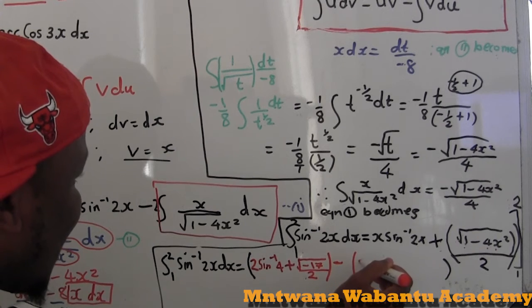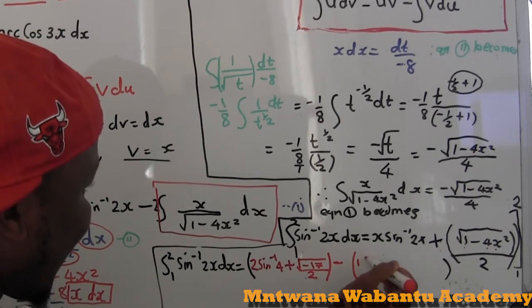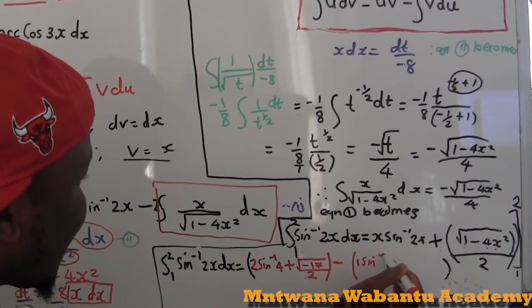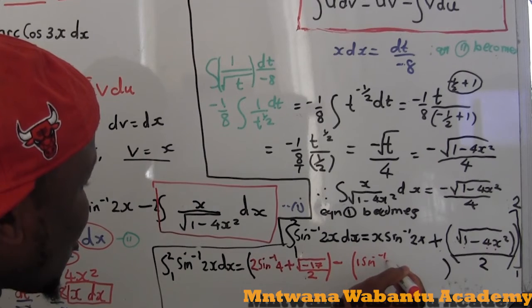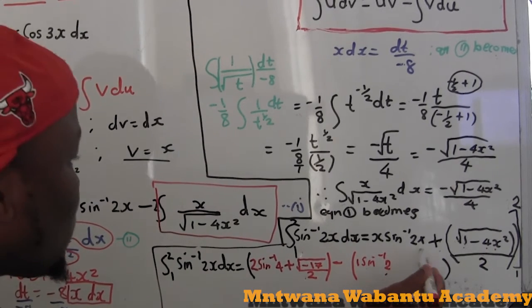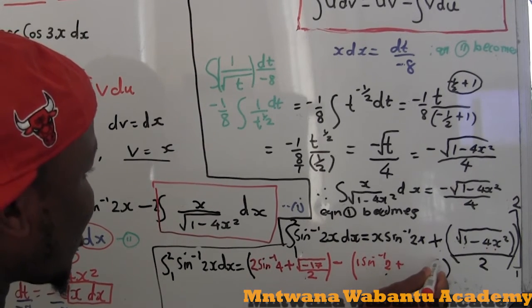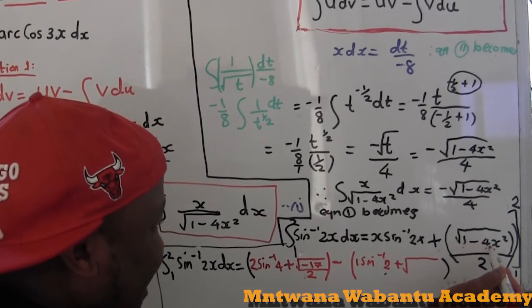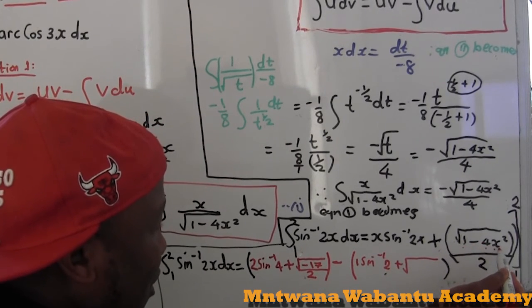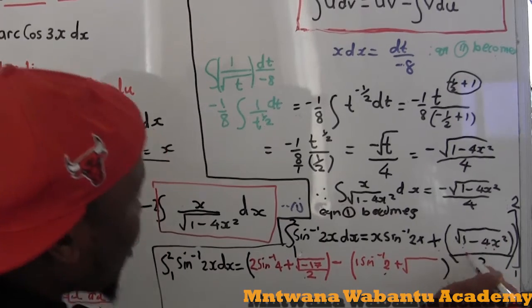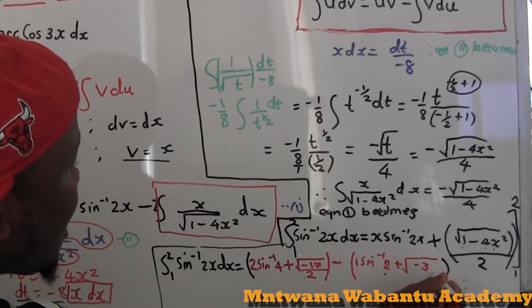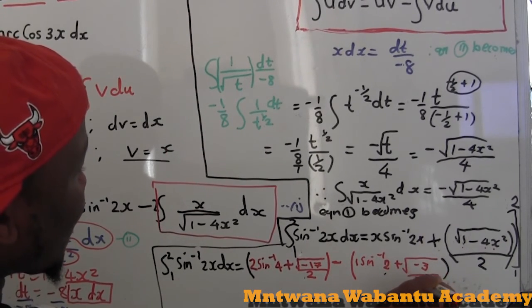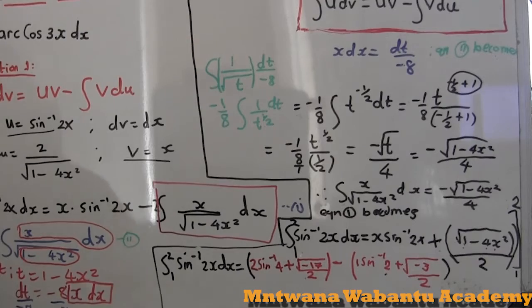If you substitute 1, sine inverse of 2 times 1 equals 2, plus square root of 1 minus 4 times 1, that is 1 minus 4 equals negative 3, over 2. You can plug this in the calculator, but by any means this is going to come out as a complex number.